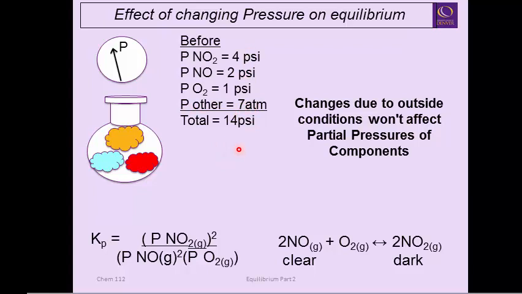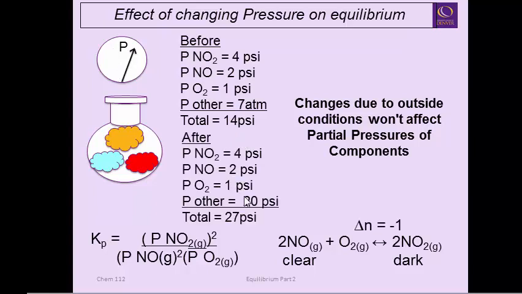Okay, that's great. So now what's going to happen is we increase the pressure. And what that would look like is basically the air, there was an increase in pressure, some change in the weather, so it went all the way up to 20 psi, but that didn't affect the partial pressure of every gas we added in there, right? That's Dalton's law of partial pressure.